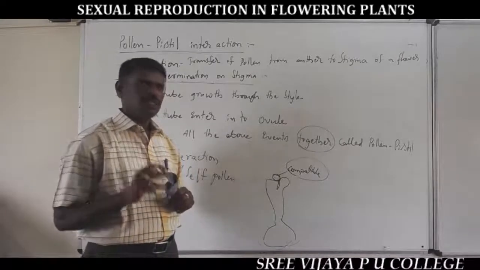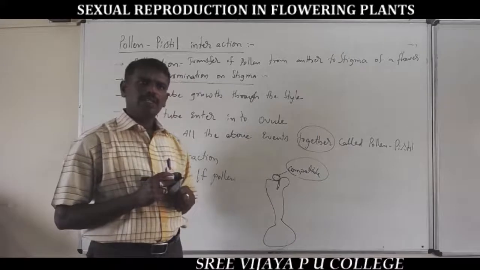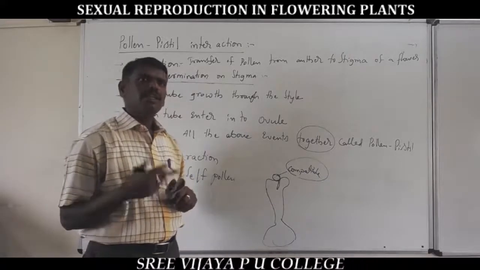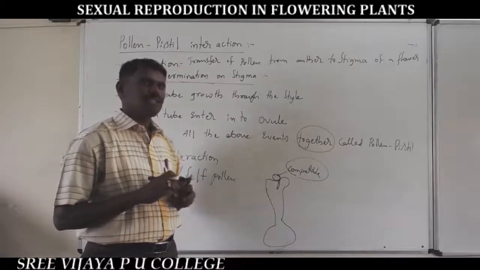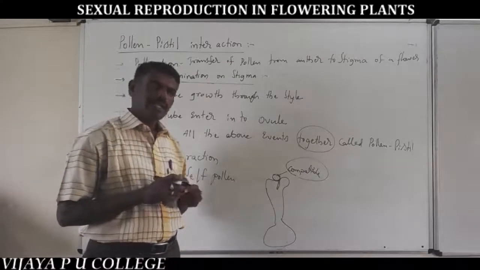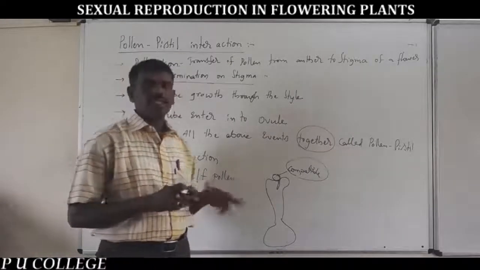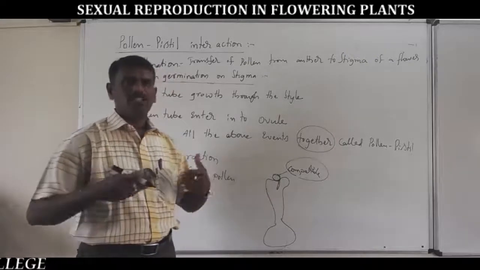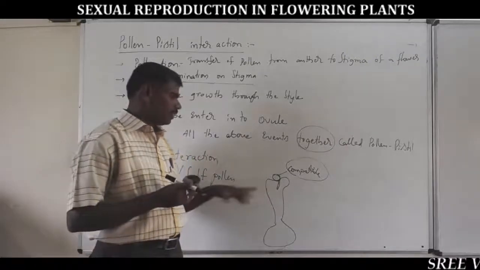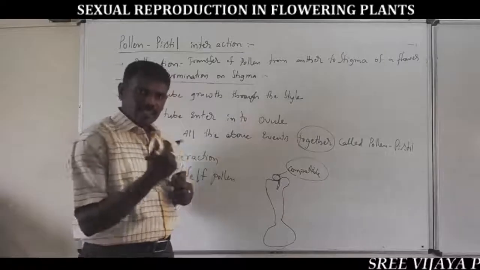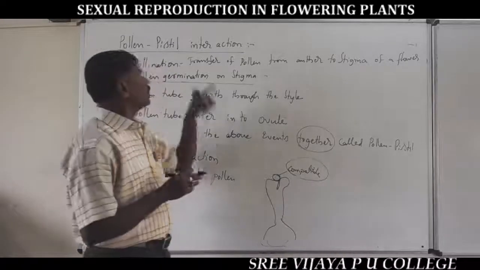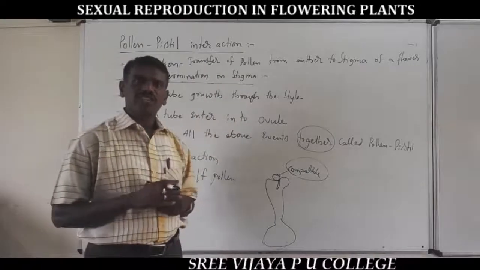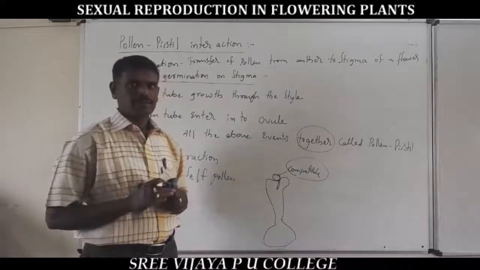Sometimes compatible pollen is also not able to germinate, because the chemical composition of the pollen grain and the pistil does not match, so the stigmatic surface rejects that pollen grain. Pollen-pistil interaction is a dynamic process.